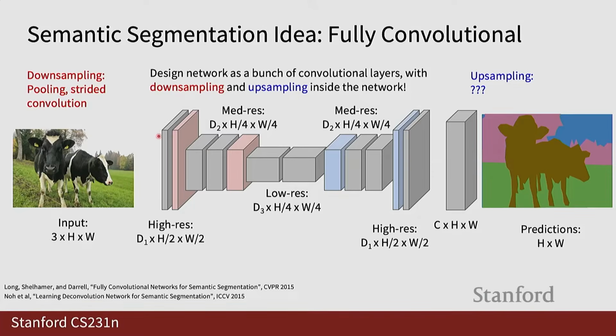Maybe I can ask you a question. How do you think this network is trained? Because now we have a network that starts from an image and ends with an image. And the tool that we have for training this network is a loss function, right? How do you think is best to define a loss function for this network?